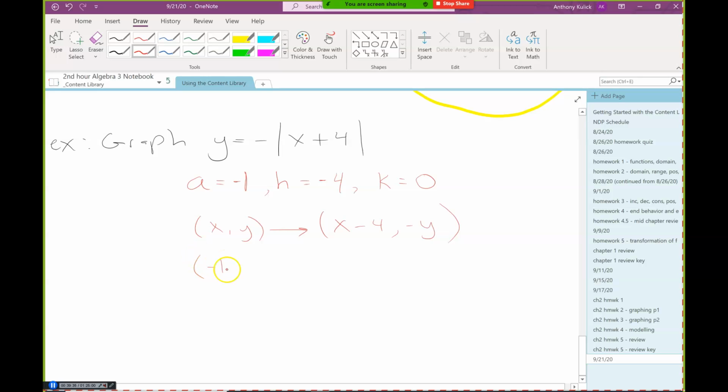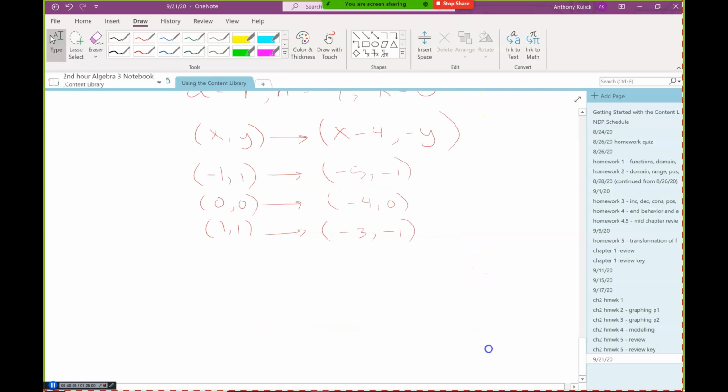The same 3 points every time we graph an absolute value function: negative 1, 1, 0, 0, and 1, 1. Is everybody okay to there? Okay.